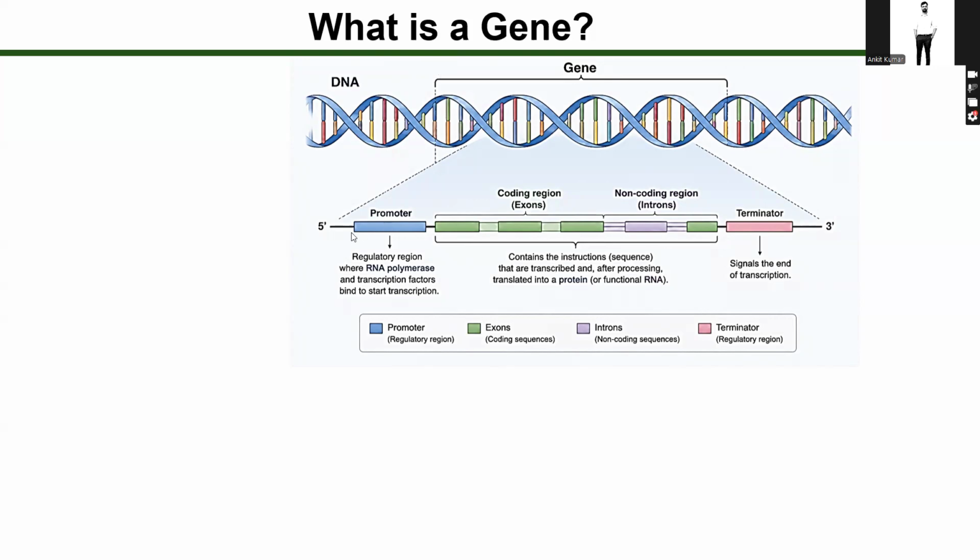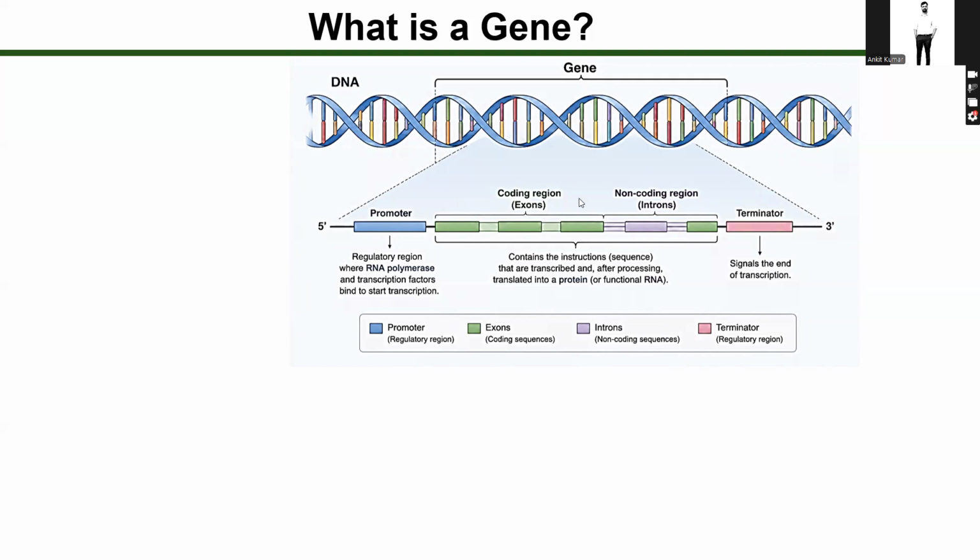There are two kinds of DNA strands: a coding strand and a non-coding, or template, strand. We don't have to understand these things right now, but try to understand the gene part. As we have seen, there are various units associated with the gene. There is a promoter, which is also known as the regulatory region of the DNA, and it is located near the beginning of the gene.